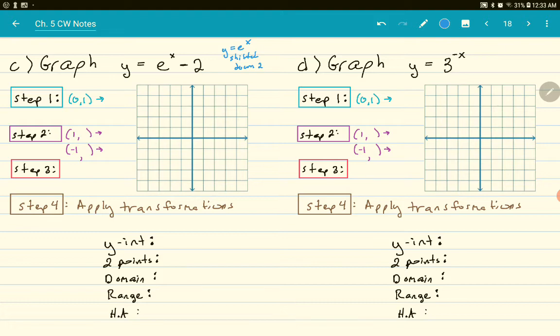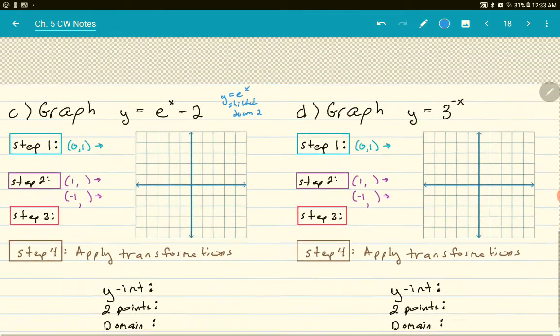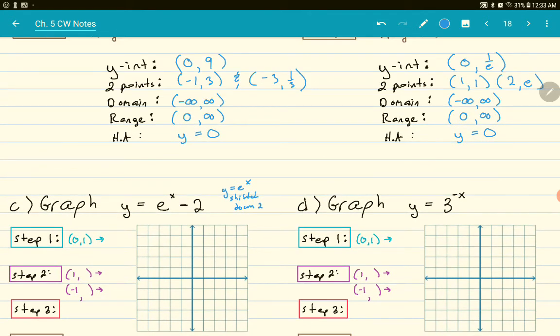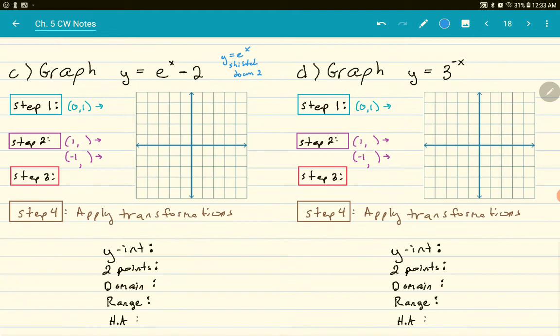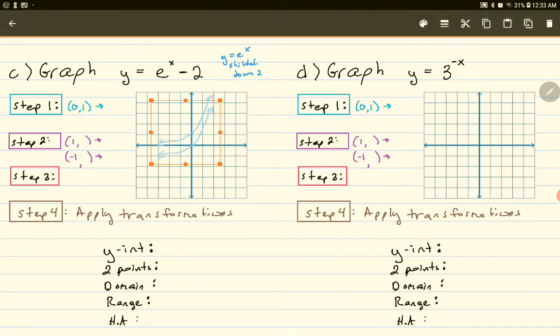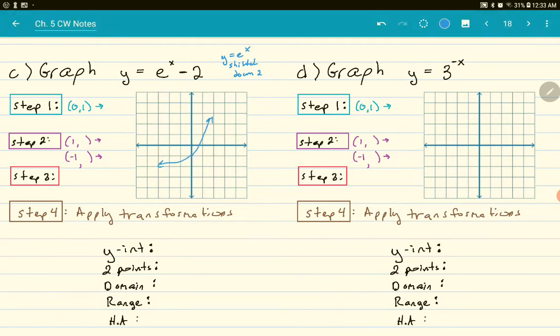So I can graph e to the x, which I kind of remember from above looked something like going through 2.7. Kind of looked like this, right? And we're going to shift that down by 2 units, 1, 2. So that's kind of the quick sketch way to do that.